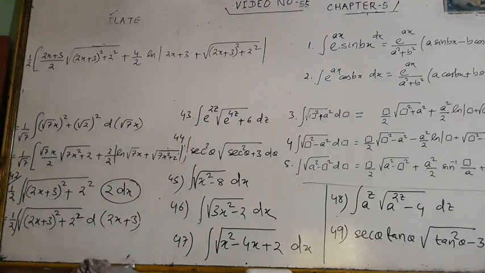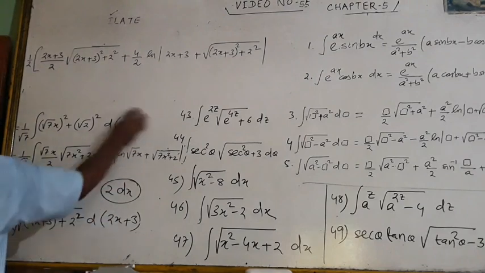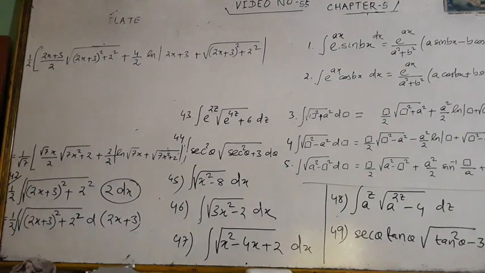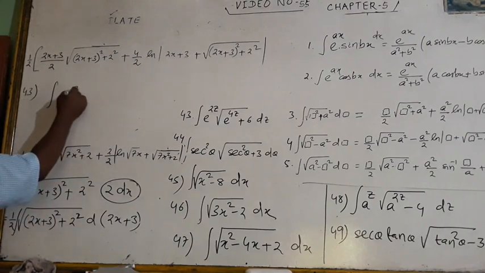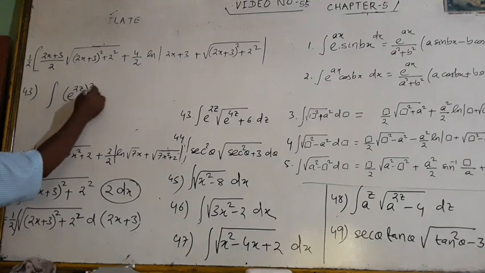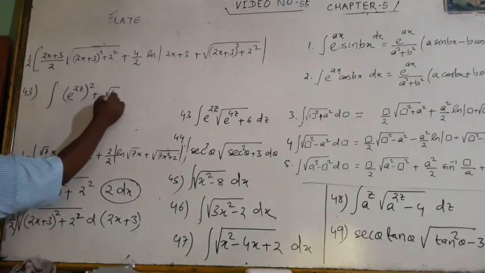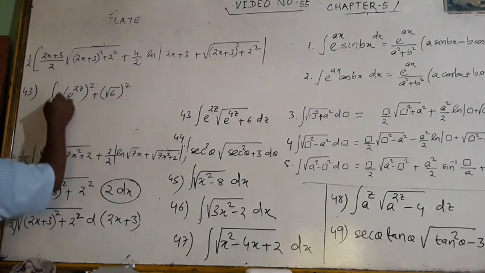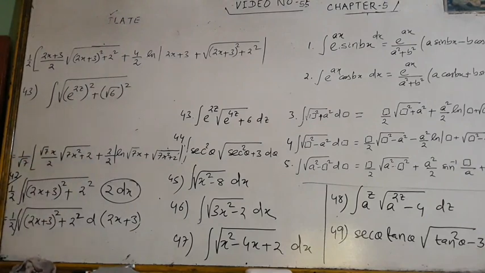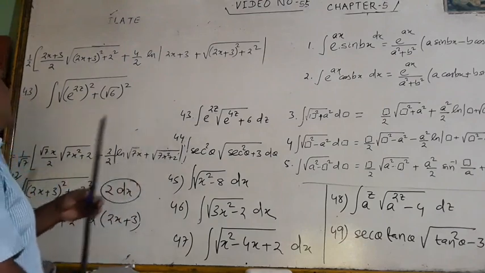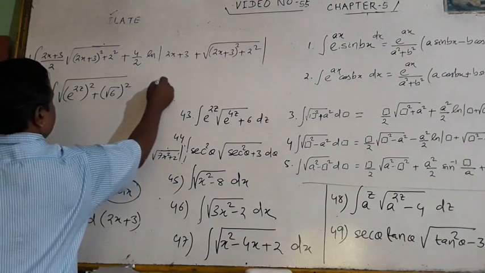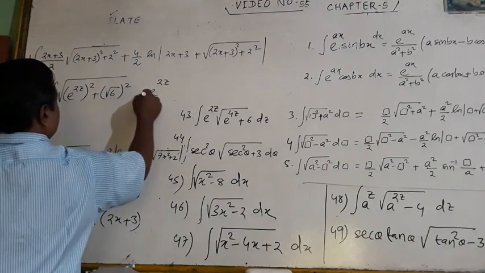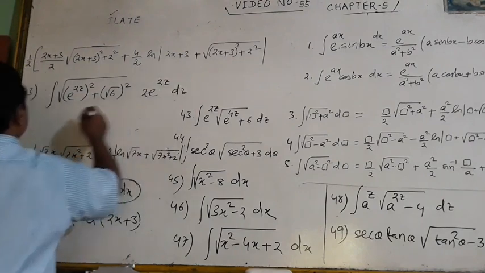Now I am doing number 43, which is very easy for you. You can do it by yourself. What is that? Tell me. You have to write e to the power 4z first, as e to the power 2z whole square plus root 6 whole square, whole root over. In place of e to the power 2z, what you have to write? I am writing 2 and dividing by 2. Why am I writing 2 and dividing by 2?